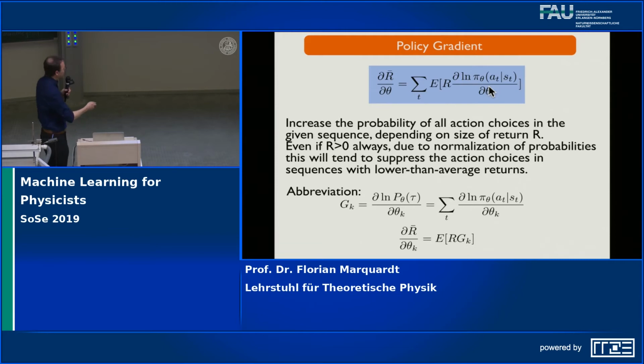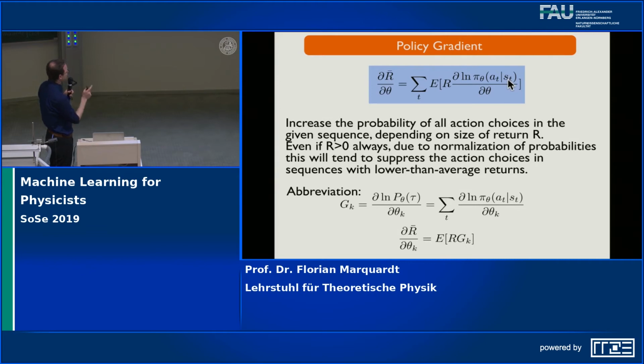So the way I can interpret a step in this direction is to say it's a step into the direction of the parameters that will make my probability larger. Which probability? Well, the probability displayed here.